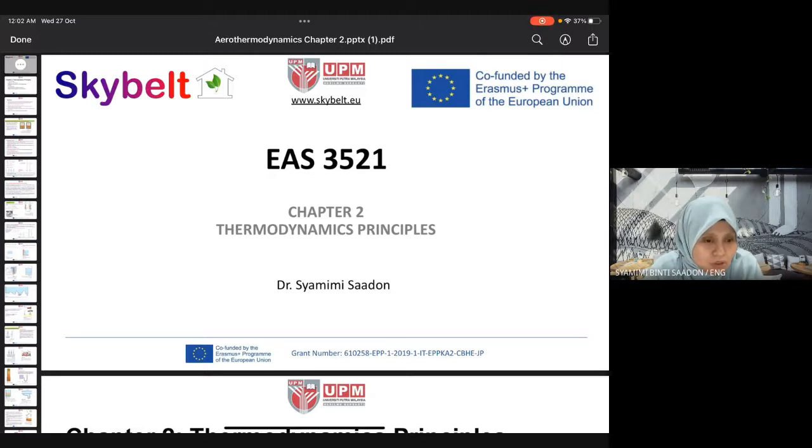We also saw what we learned last week: the definition of energy, the steady flow, dimensions and SI units, and then closed systems and open systems.